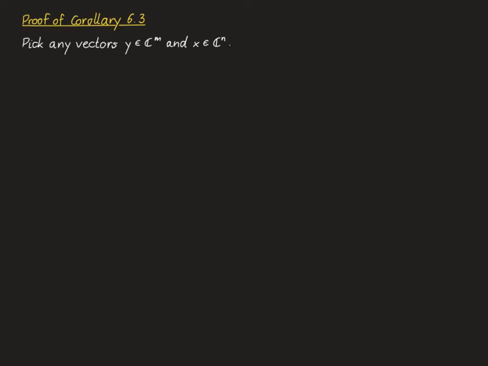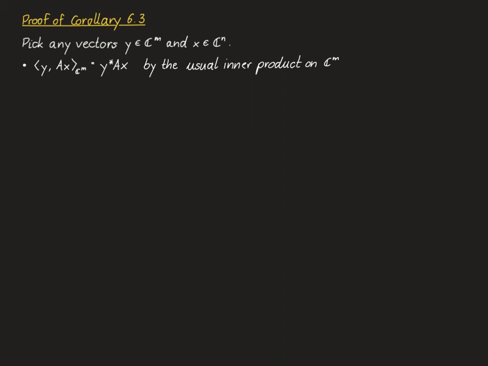For the proof of corollary 6.3, pick any vectors y in C^m and x in C^n, and note that in the special case of C^m, the inner product of y with Ax equals y star Ax.